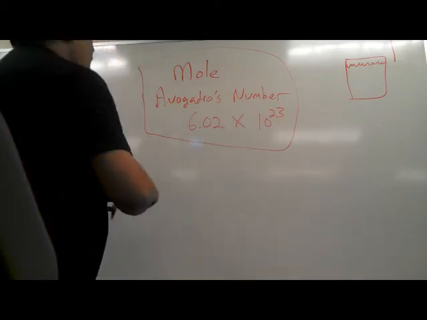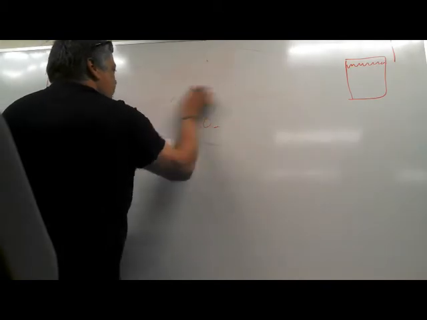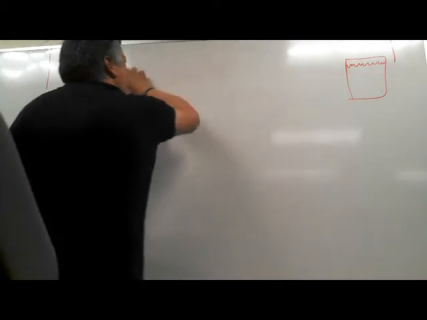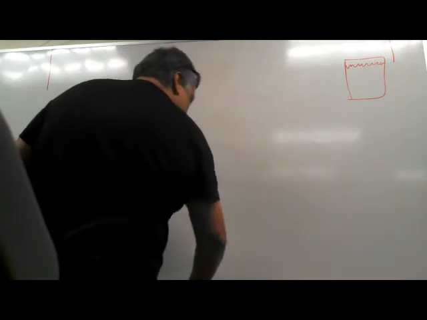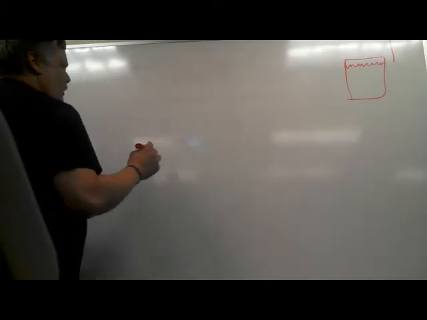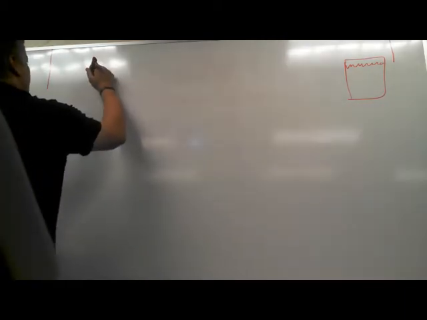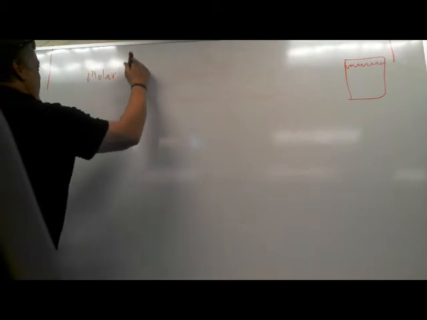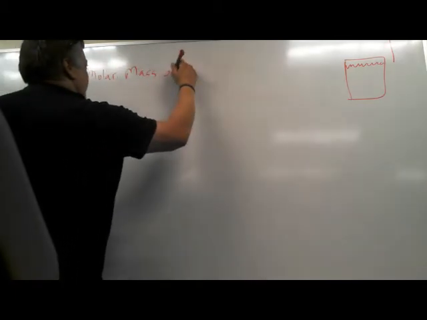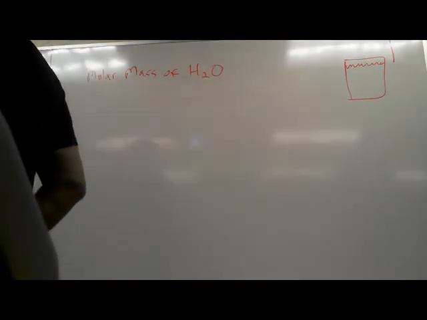So let's do something a little bit more practical, see if we can understand how this all comes together. So let's talk about water. Let's break down H2O. Let's figure the molar mass of water. Okay, what do we have in H2O?